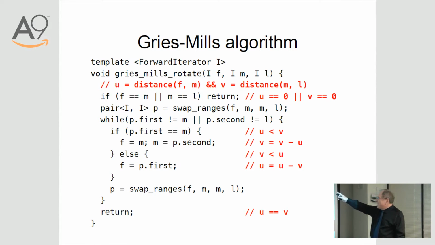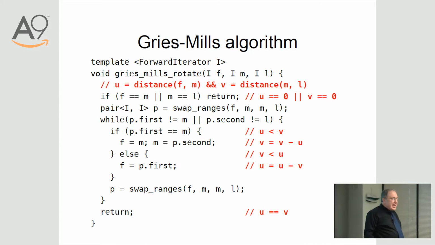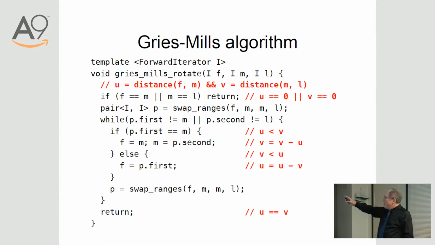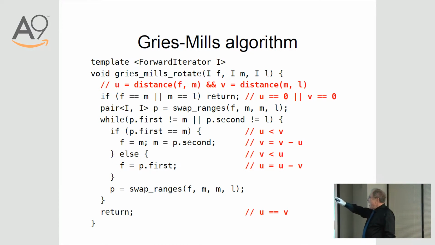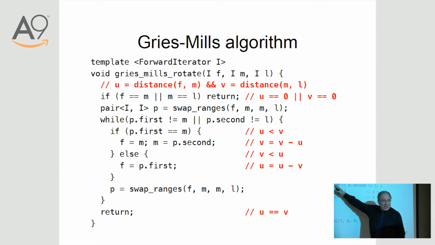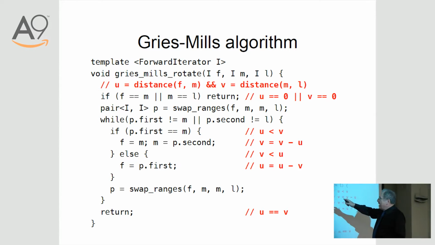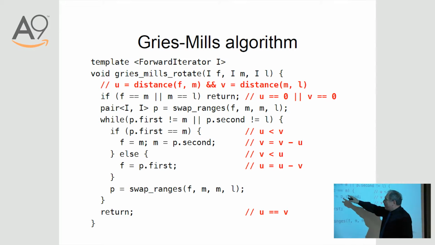We swap ranges F, M, and ML. Okay? So, after we swap, we just say, as long as not both of them are finished, as long as we did not reduce things to 0, what do we do? We first check, did we exhaust the first range?